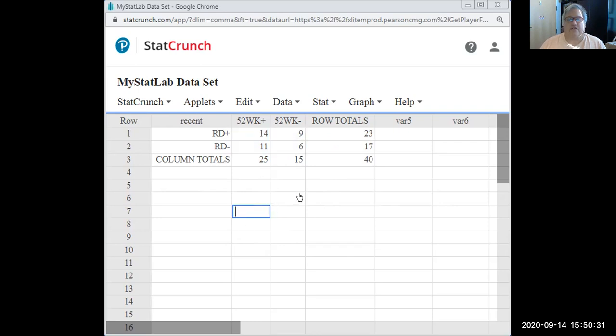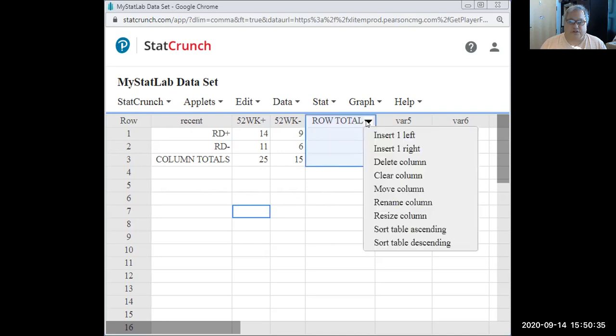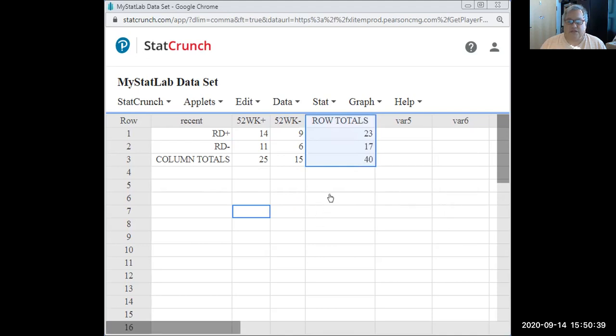In order for StatCrunch to do all this, the first thing you have to do is make sure that the row totals are deleted. So delete the whole column. Notice how I can just move the mouse cursor to the gray cell that says row total, and the moment I do that, this down-pointing arrow tip appears.